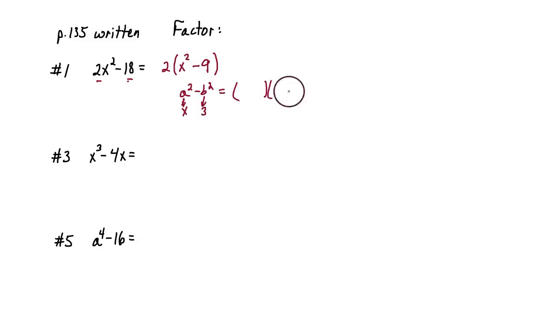The answer will have 2 sets of parentheses, a plus b and a minus b. Let's fit that pattern to our problem. Here's the 2, then 2 sets of parentheses, x plus 3 and x minus 3.